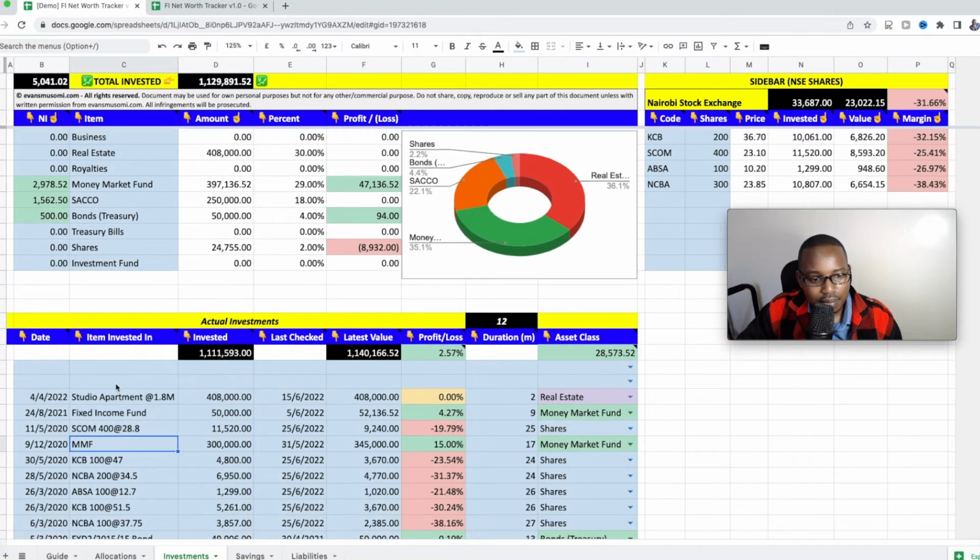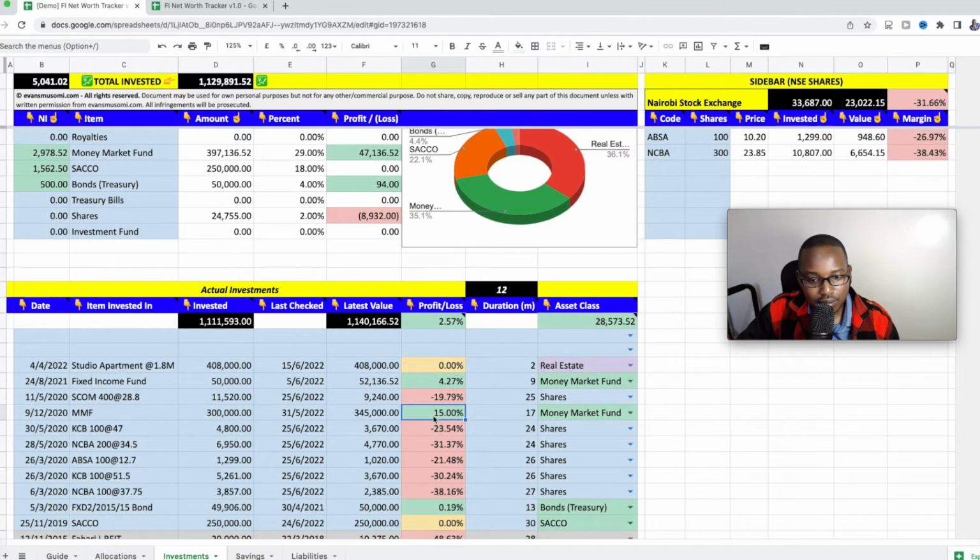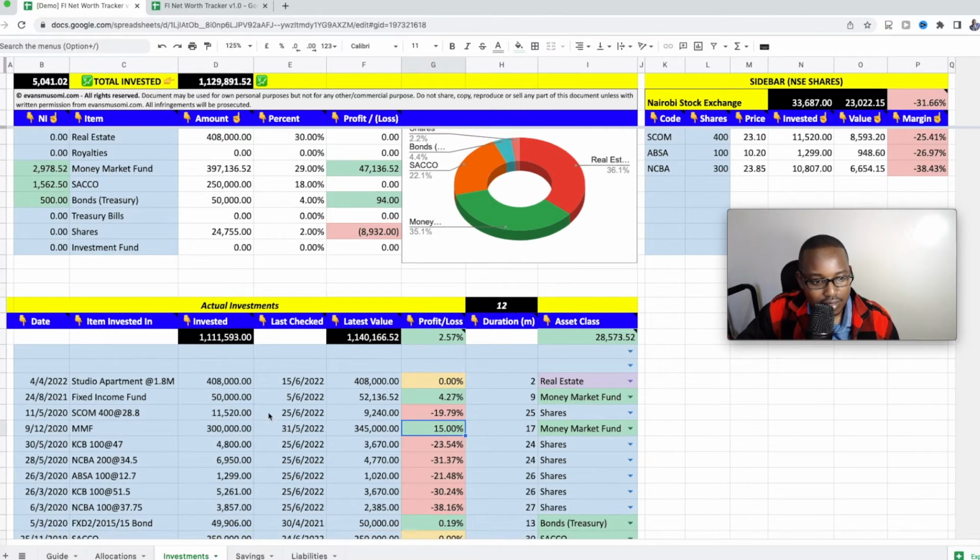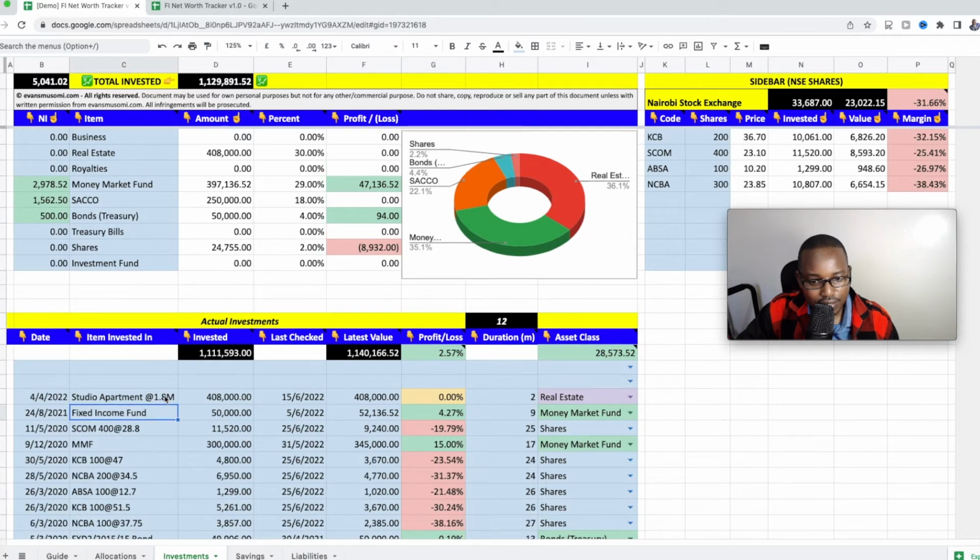He also has some money in a money market fund, which is the most successful one so far at 15% profit. And he has some money in a fixed income fund, and he recently invested in a studio apartment, investing 408,000 so far.